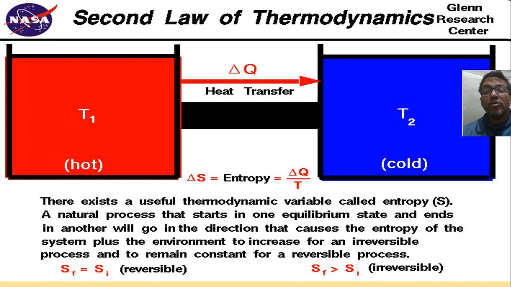The natural process that starts in one equilibrium state and ends in another will go in the direction that causes the entropy of the system plus the environment to increase for an irreversible process. If it is a reversible process, then the entropy stays the same.